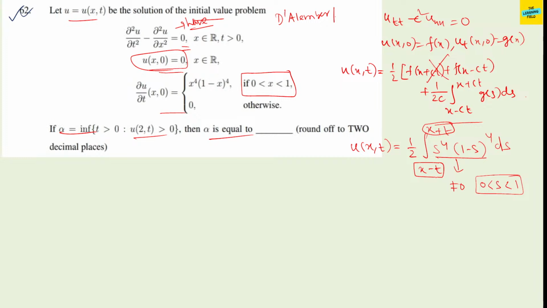That means for the interval from x-t to x+t, we have to break the interval. Because the value to the left of 0 is 0, and the value to the right of 1 is 0. Okay, so you only check in this interval. Fine.